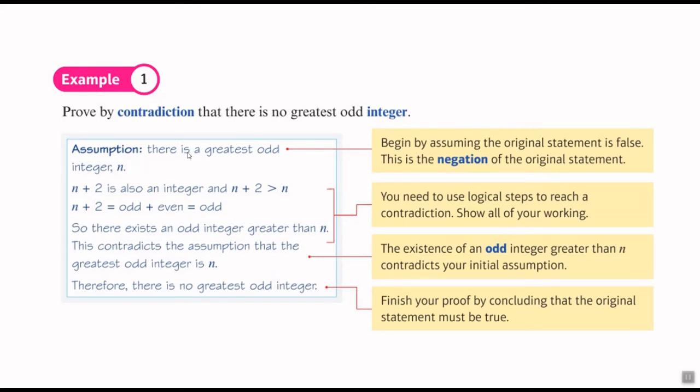Assumption: there is a greatest odd integer n. Then we can get the next odd number by adding 2 to that integer, so n plus 2 is also an integer. Then we can write n plus 2 is greater than n.